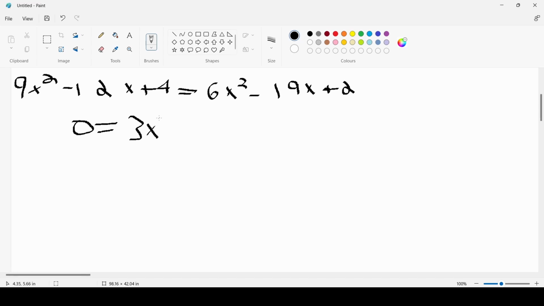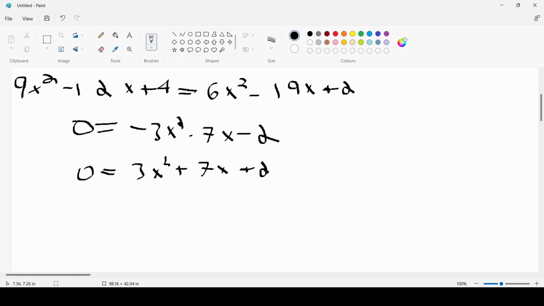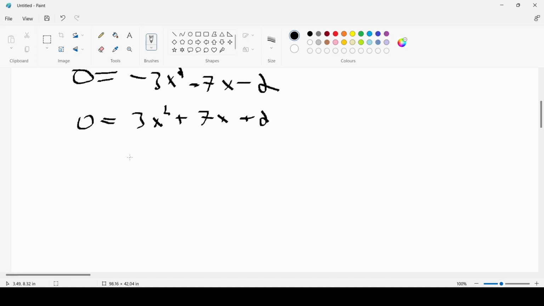I'm doing this differently, but again, you should get the same thing or a similar thing. I just moved it to the left. It should make sense: 6, 9 minus 6 is 3, negative 12 plus 19 is positive 7 because we're adding, 4 minus 2 is plus 2.